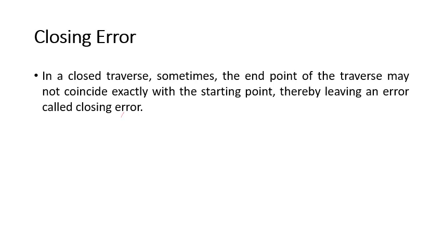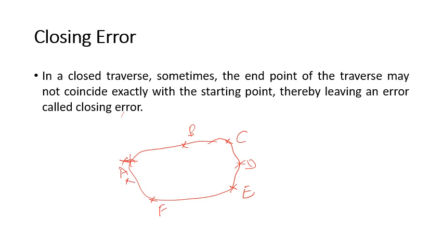Sometimes we may start at one position. This is a particular boundary we want to measure. So we start at one position A, then move to another point B, then to C, then maybe to D, then E, then we move to F. But instead of getting to A, we may have A dash. We may have a plot like this due to some error.